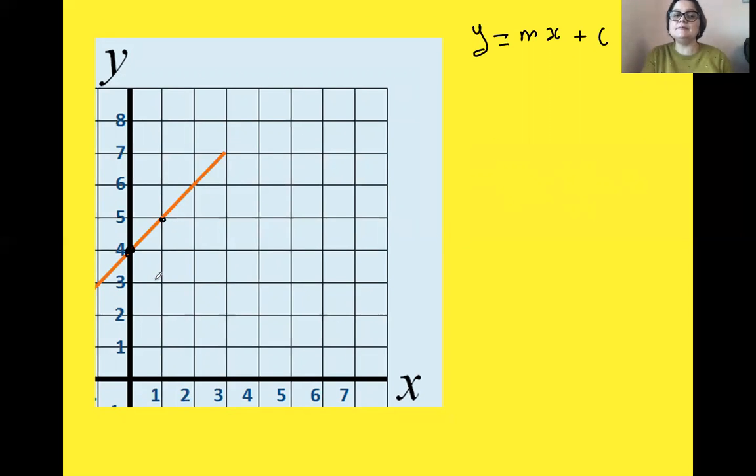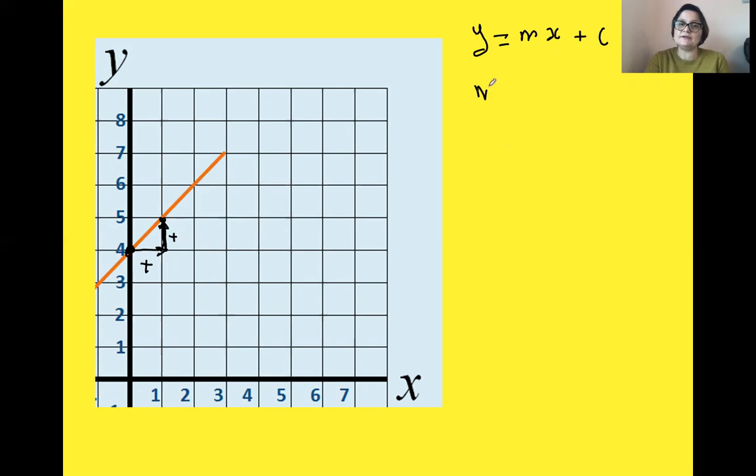Second step, build a right angle triangle. Again, I like to start from my point on the left. The right angle triangle should be exactly underneath or maybe above the two points that you just selected.